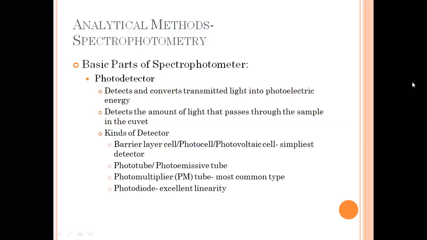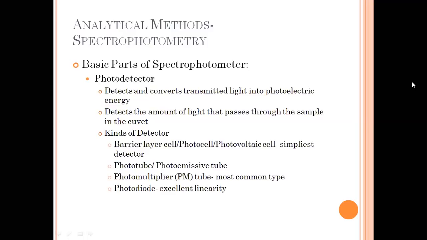That's why it's not really specific. Okay, again, barrier layer cell as your photodetector is considered the simplest detector. Least expensive, however, is temperature sensitive, therefore not specific.